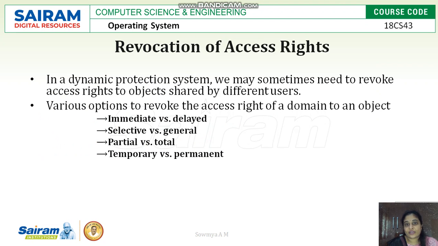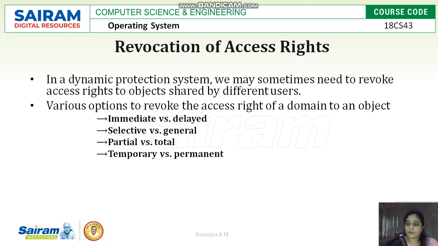Next is the revocation of access rights. Access rights can be taken back in multiple modes. One mode of revocation is immediate versus delayed. The access right given to an object can be taken back immediately once the task is completed, or it can wait until the process ends. Then selective and general.